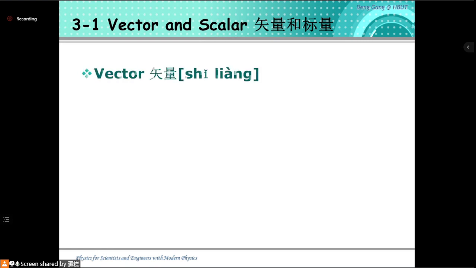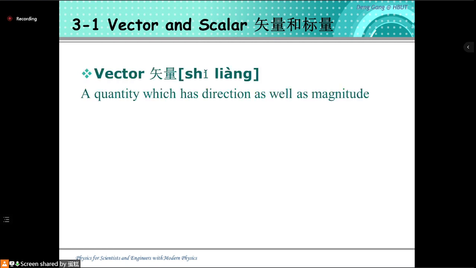A vector, in Chinese we call it 矢量, is a quantity which has direction as well as magnitude. 矢 in Chinese means arrow, and 量 means quantity. An arrow with quantity, a quantity with arrow, that means it has direction and magnitude.